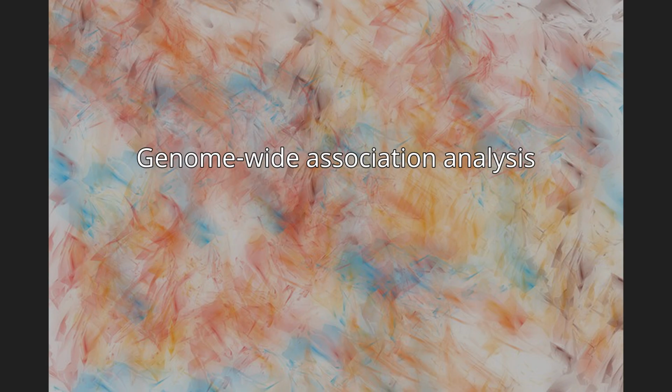Genome-wide association analysis. Over the past few years, genome-wide association studies (GWAS) have become a powerful tool for investigating the genetic basis of common diseases and have improved our understanding of the genetic basis of many complex traits.